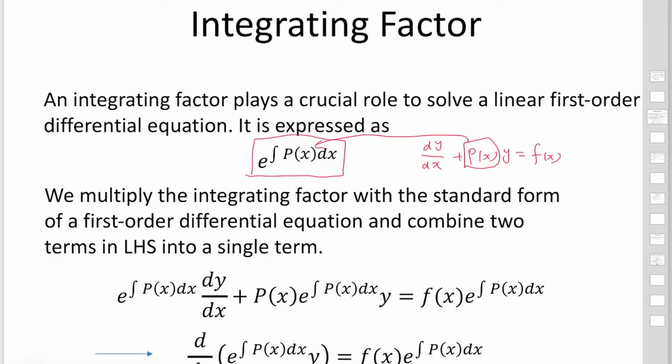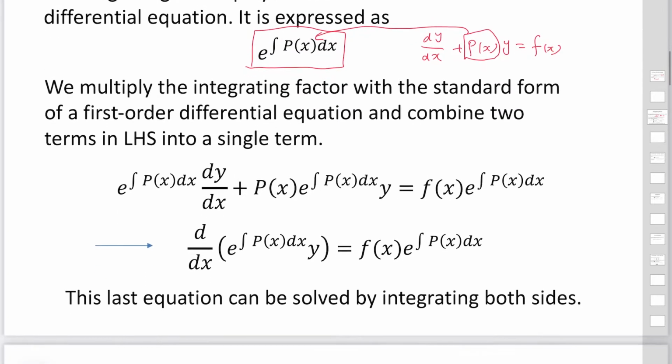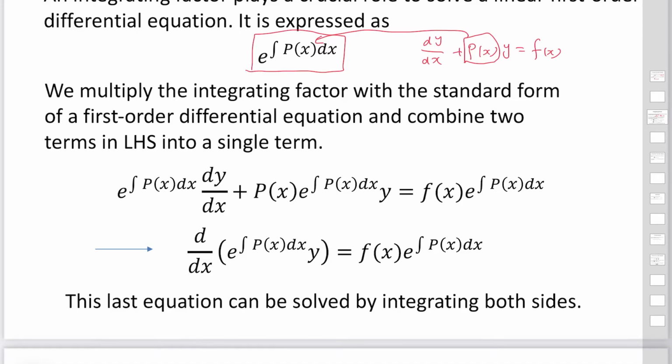Once we obtain the integrating factor, we multiply it with the standard form of our first-order differential equation and combine the two terms on the left-hand side into a single term. So we multiply the integrating factor on both sides of the equation.